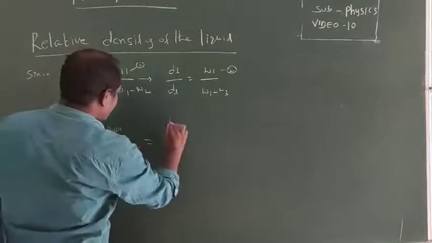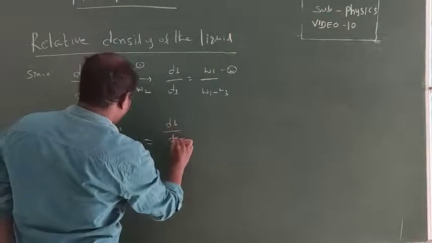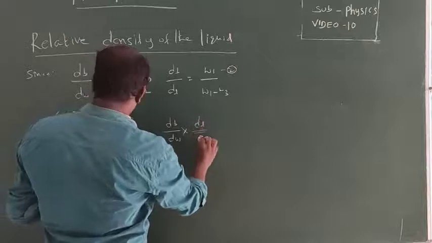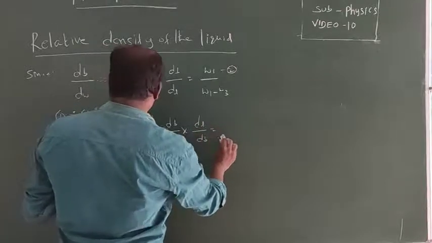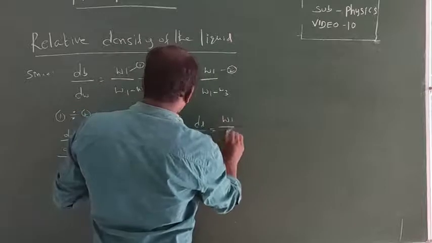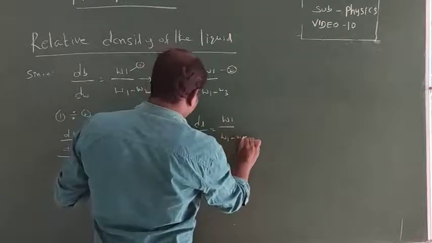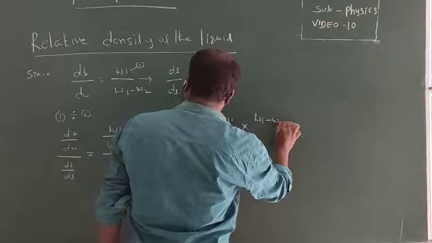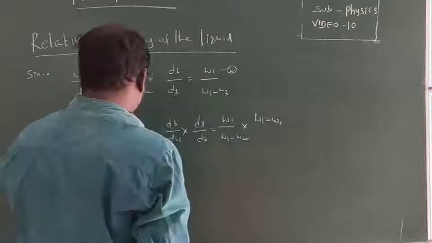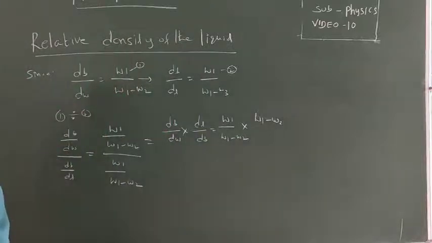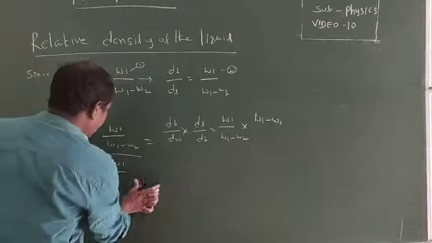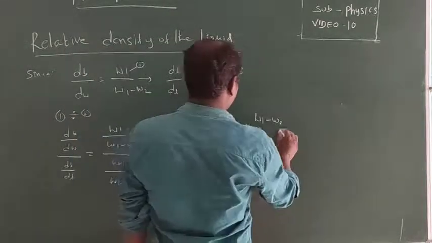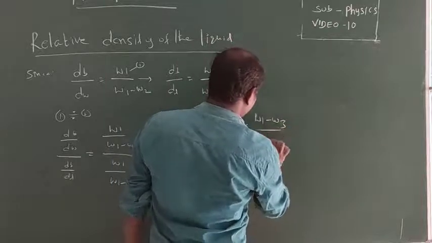That means density of the body by density of the water into density of the liquid by density of the body equals W1 by W1 minus W2 into W1 minus W3 by W1. Sorry, it is W3.